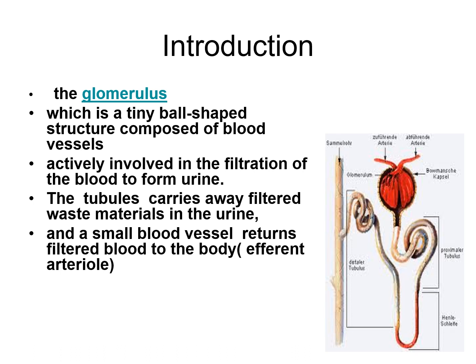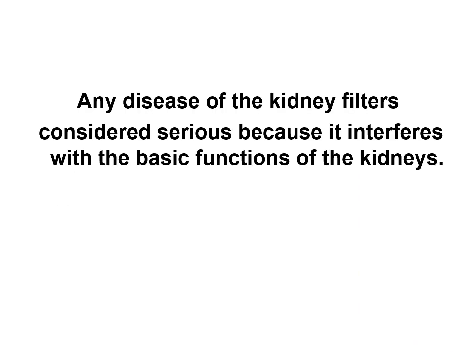So any damage to these small tiny blood vessel structures can cause a decrease in filtration rate, and there will be accumulation of the waste products, blood volume, and fluid inside the body. Any disease of the kidney that affects the filters or glomeruli is a very serious problem because it is interfering with the basic function of the kidneys.